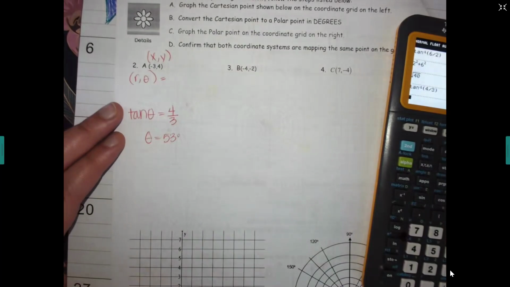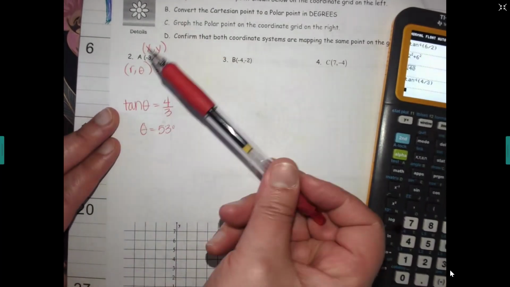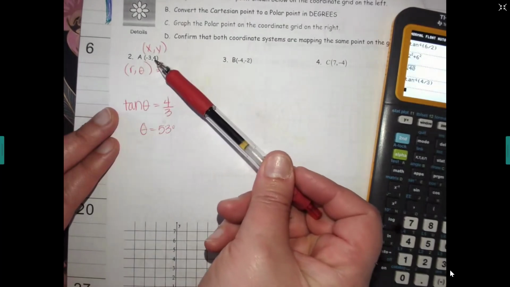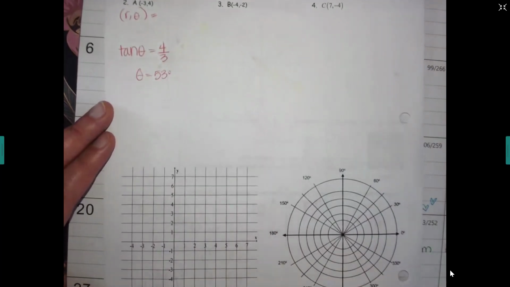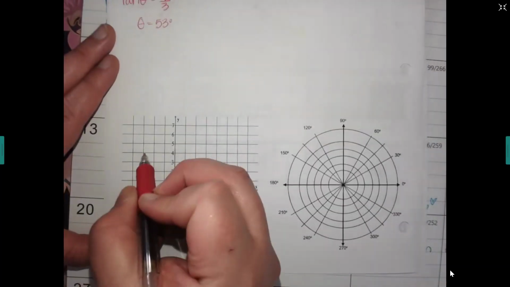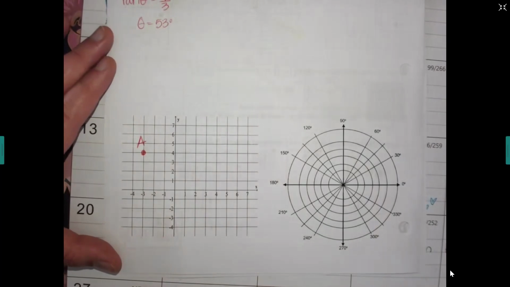Now remember, if I'm in quadrant 1, that's my final answer. But if I'm a -3, 4, let's see what quadrant that puts us in. So you do have a little grid down here at the bottom. -3, 4 would put me here. What was the formula for that quadrant? Do you remember? Subtract from 180, very good.